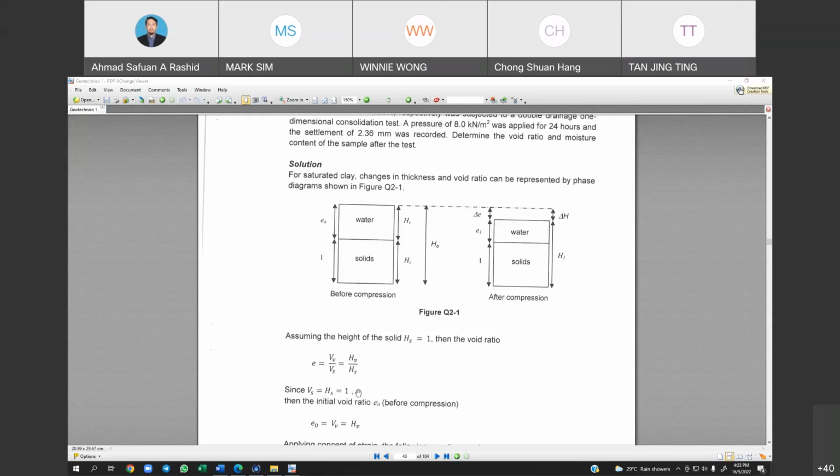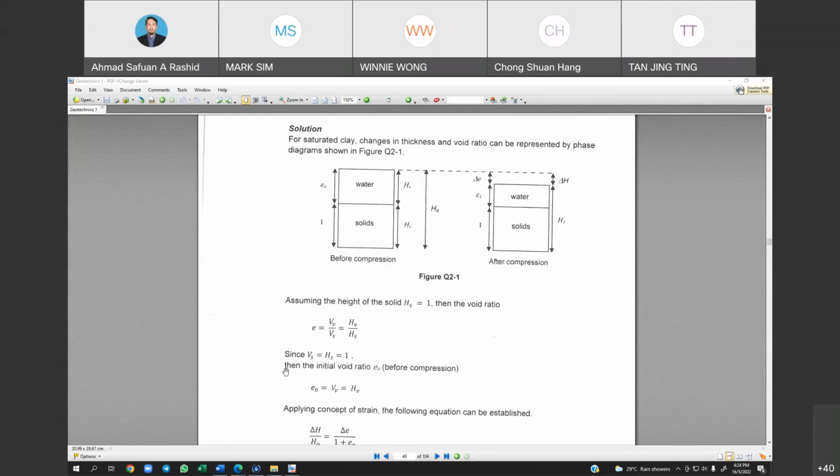Since VS is equal to HS, which is equal to 1, the initial void ratio e naught before compression is equal to VV over VS. On the initial stage, we assume HS is equal to 1, since the volume of solids is equal to the height of the soil, so VS is considered equal to 1 as well.